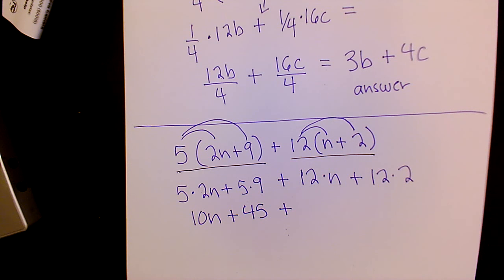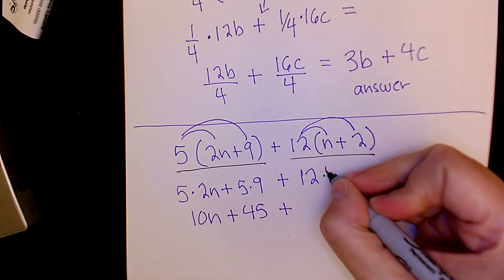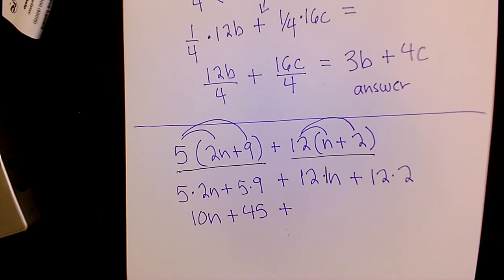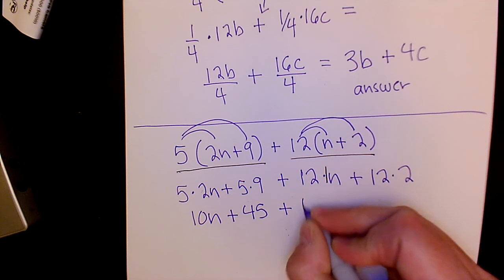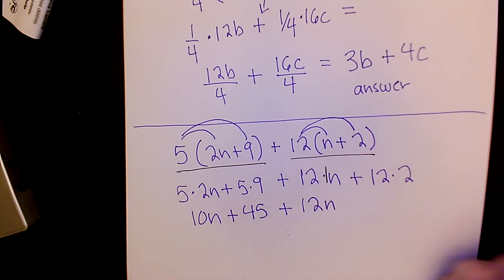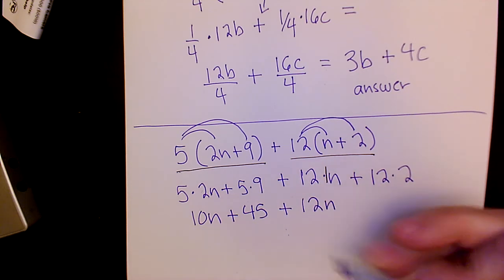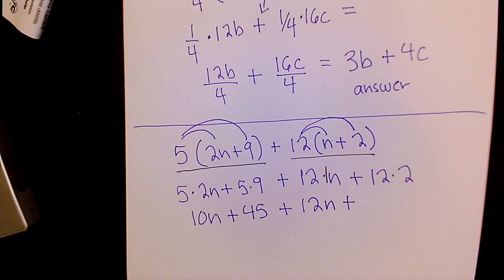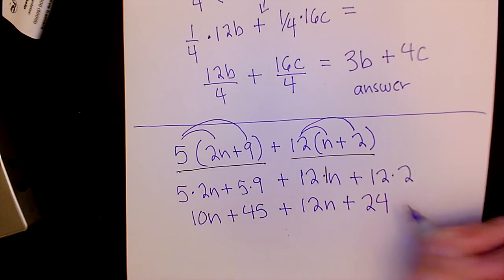Remember, if it's just an n alone, there's like an invisible 1 here. So it would just be 12 times 1 and bring the n along. So 12 times 1 is 12. Bring the n down. Plus 12 times 2. And 12 times 2 is 24.